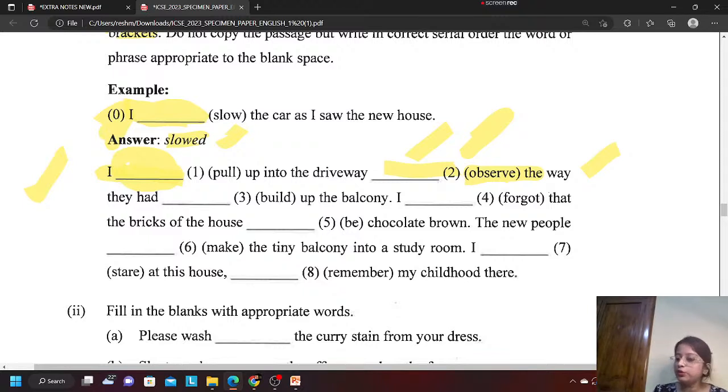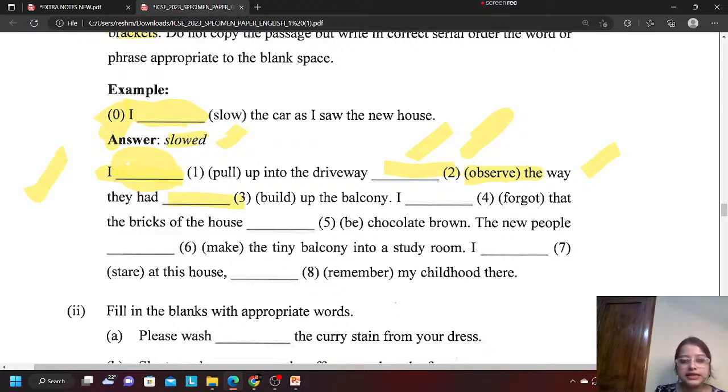See, build, B-U-I-L-D, is the first form of the verb. The second form of the verb is B-U-I-L-T. T for tabla or table. And the same will be for the participle form. That means the verb's second form and third form are the same for build: it is B-U-I-L-T for both the past form as well as the participle form. So built, very good, had built up the balcony.